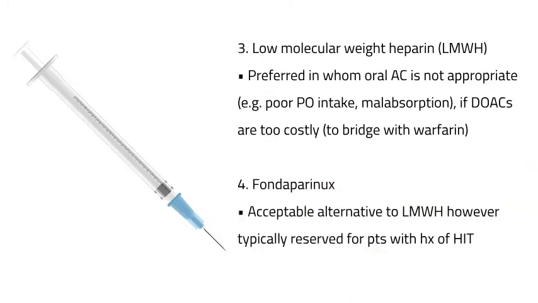And another option is fondaparinux. It is not used very often, but it is an acceptable alternative to low molecular weight heparins. But it's typically reserved for patients who have a history of HIT, and are not able to take any of the heparins. HIT is the heparin-induced thrombocytopenia.